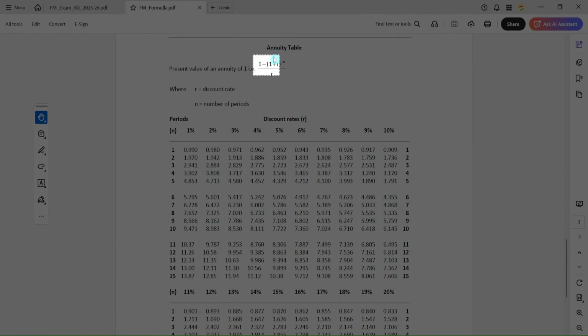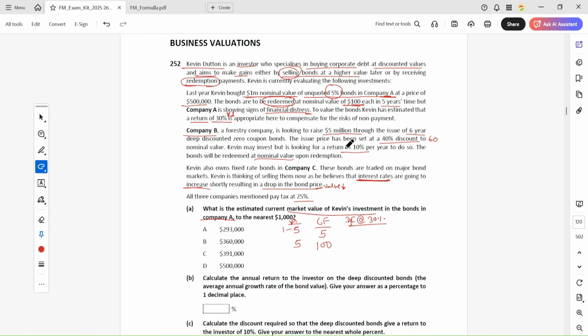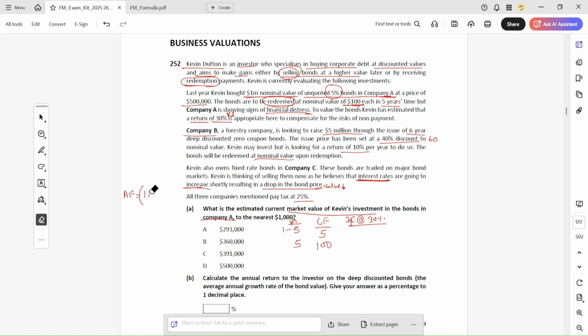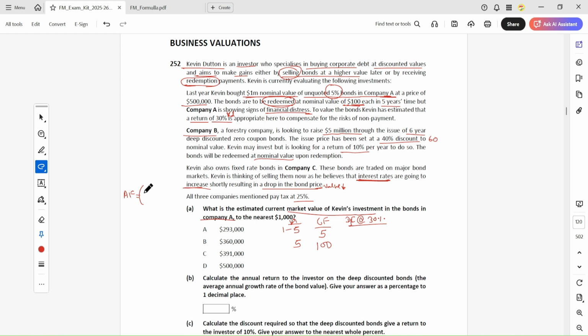Okay, so I will write this. The annuity factor formula is 1 minus (1 plus r) to the power minus n, divided by r.